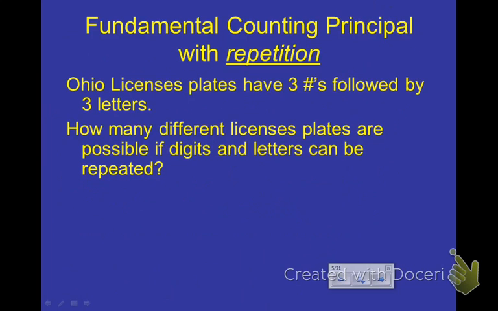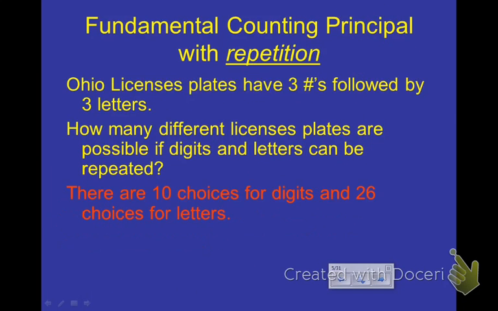Well, I have 10 choices for digits. There's 0, 1, 2, 3, 4, 5, 6, 7, 8, or 9. So there's 10 choices for digits and 26 choices for letters, A through Z. How I solve that is, what do I have? Well, I've got 3 spots here for numbers and then 3 spots for letters.